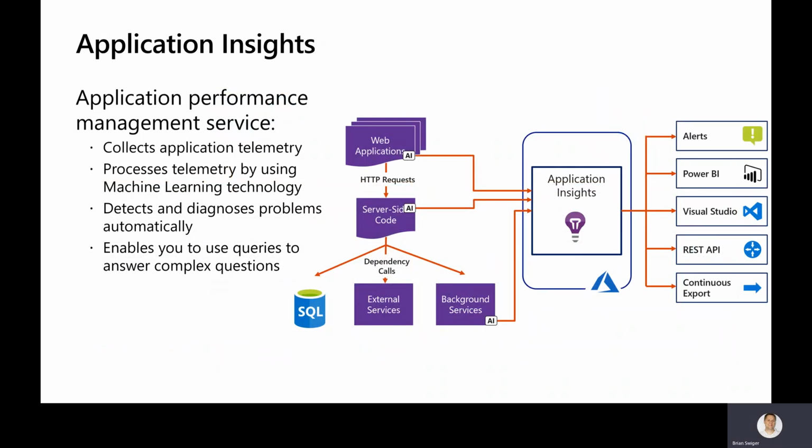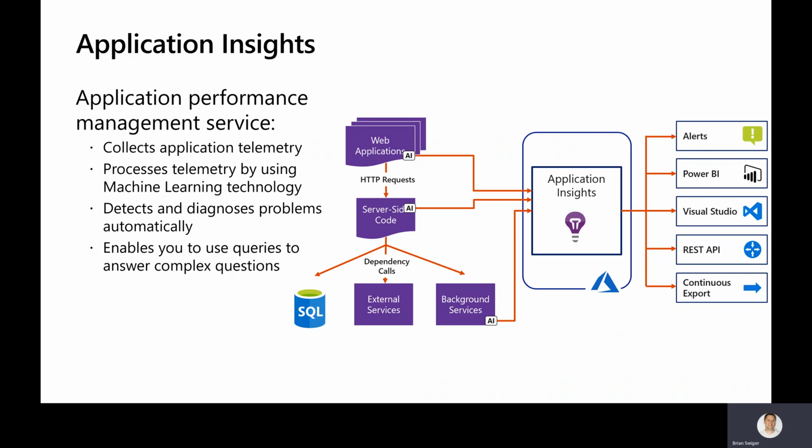Application Insights, one of my favorite services. With Application Insights, you can actually instrument applications at all different levels so that you can provide either custom telemetry or application level telemetry, and log that and visualize that if you wanted to, and extract that.